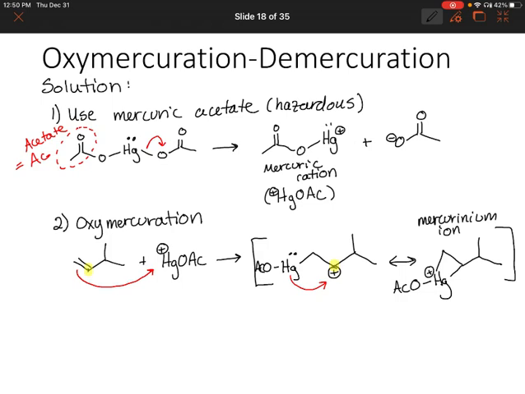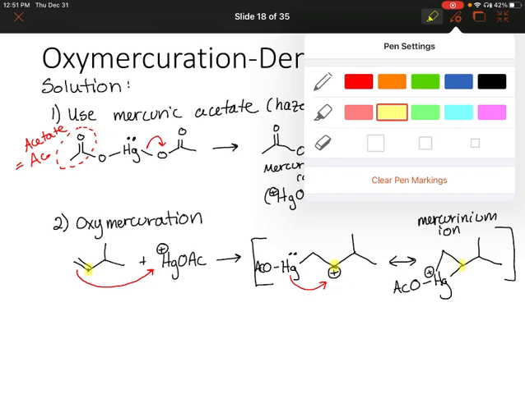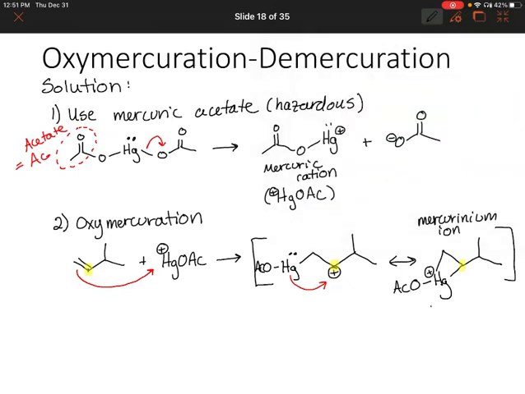All right. Now, the hybrid structure here would have a partial positive charge on the highlighted carbon and a partial positive charge on mercury. So now in the next step, water can come in and it's going to actually attack that highlighted carbon that is partially positively charged.